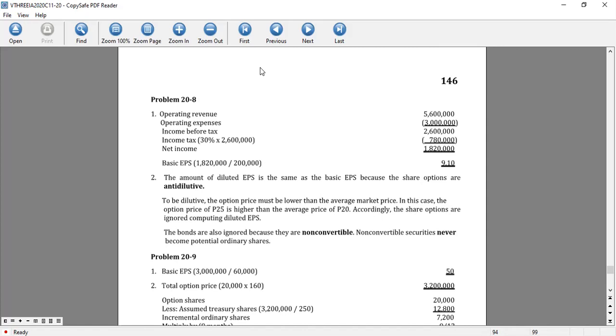The bonds are also ignored because they are non-convertible and they never become potential ordinary shares. So the amount of diluted earnings per share is the same as in the basic because the share options are anti-dilutive.